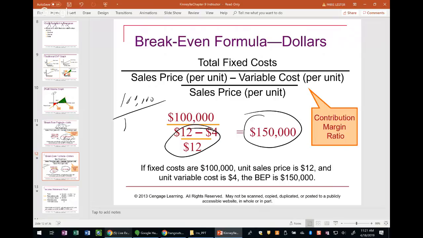Okay, I'm going to change this. Minus variable cost as a percent. All right, 100% minus variable cost.